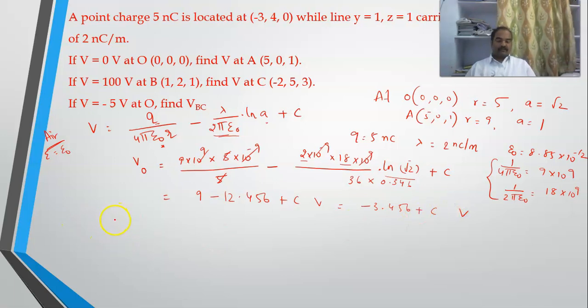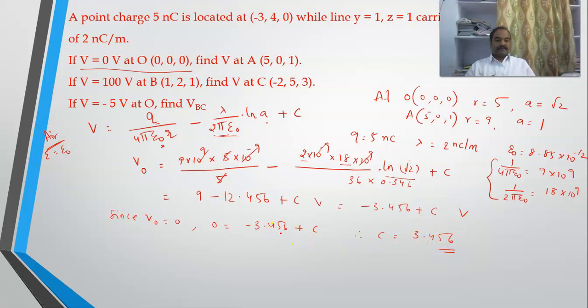Now if you want to determine the constant, it is already given that V0 is equal to 0. So at origin, voltage is 0. I can write 0 is equal to minus 3.456 plus C. So the value of C is 3.456.